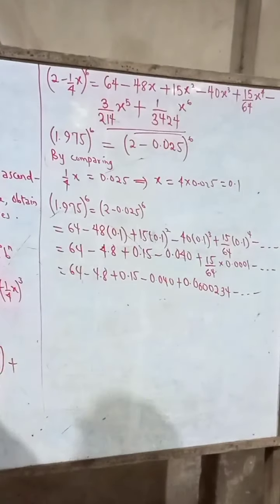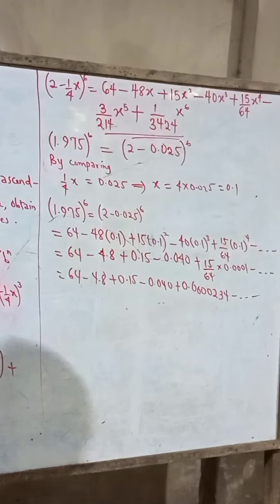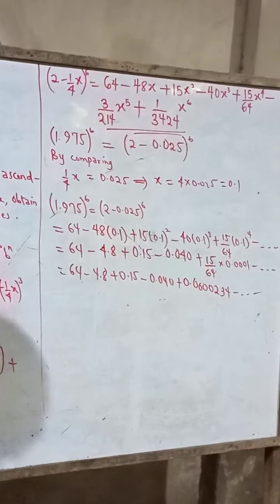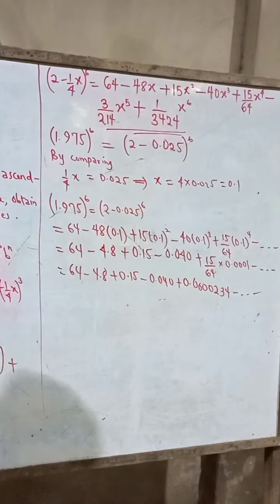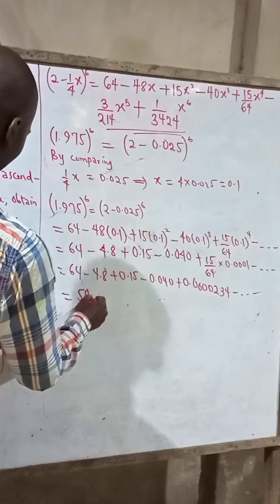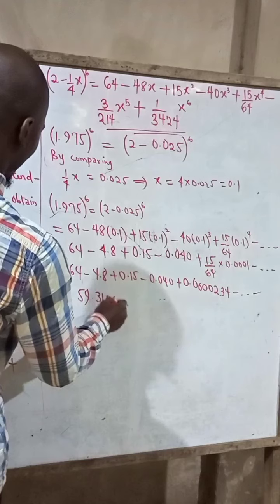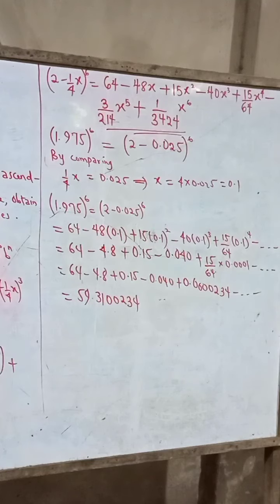So this is what we are going to simplify to get our values. We say 64 minus 4.8 plus 0.15 minus 0.040 plus 0.0000234, and then compute this. That will give me 59.3100234.